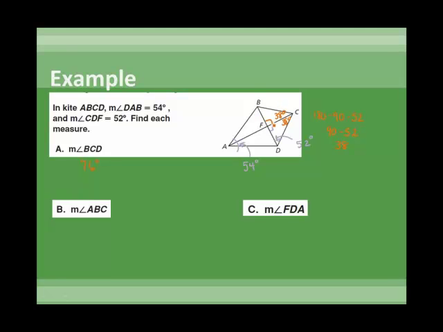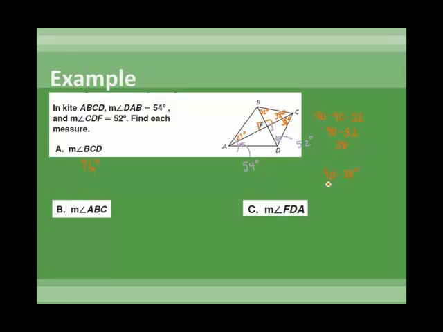Now if we're going to find the measure of angle ABC, that's that whole angle here. Well, we know this is a right angle. We know this is 38, so we can find this one here. So we would do 90 minus 38 degrees, and we would know that this is 52. And then also we know that this is 90, and this one is half of 54, which is 27.